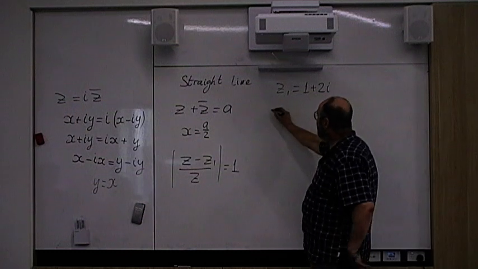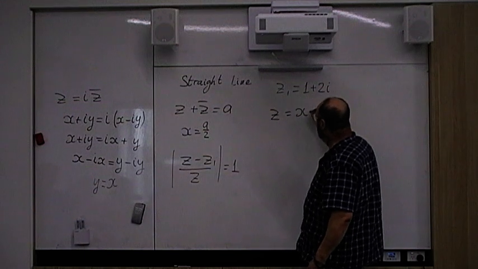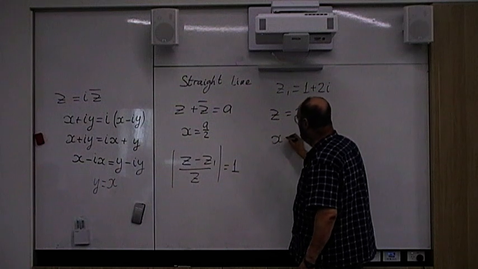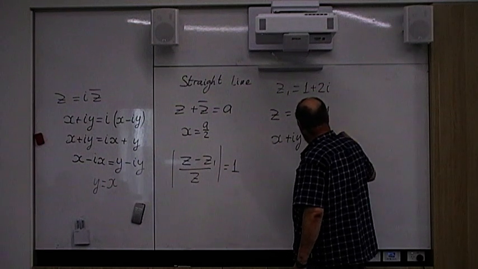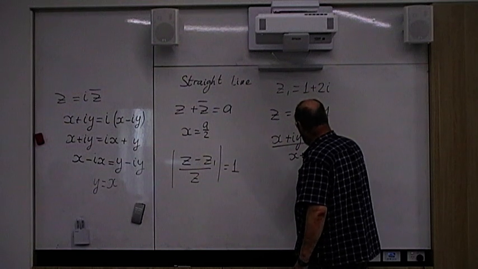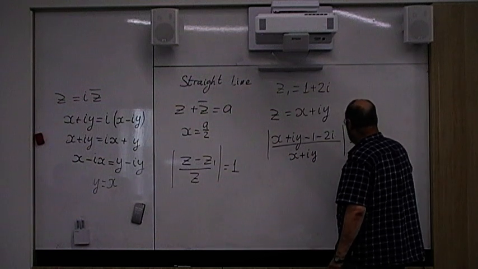So we have Z, and Z we always take as x plus iy. So we have modulus of x plus iy minus 1 minus 2i, divided by modulus of x plus iy, equals 1.